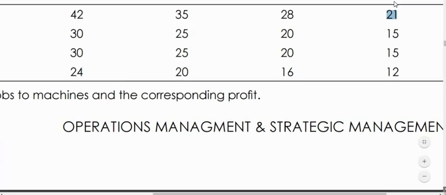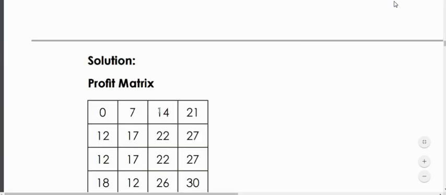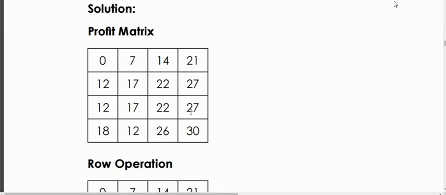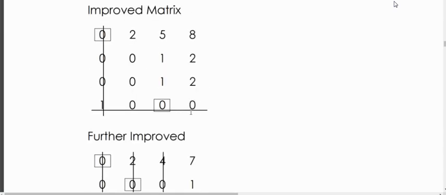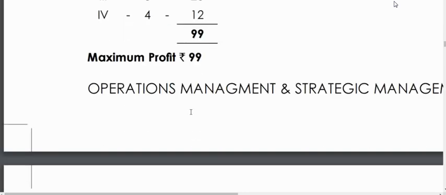So this is how your matrix would look. 0, 7, 14, 21. From the maximum number, you have to subtract all the elements. That's how you would get a new matrix. And then again, you have to do the row operation, column operation, improve the matrix, and then the assignment.